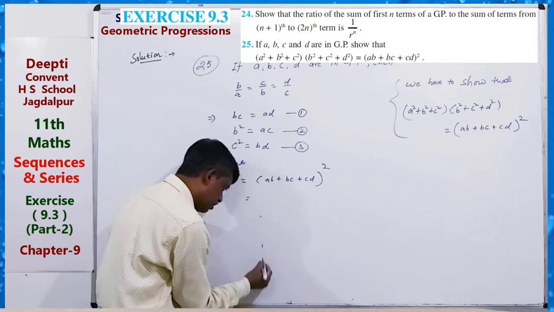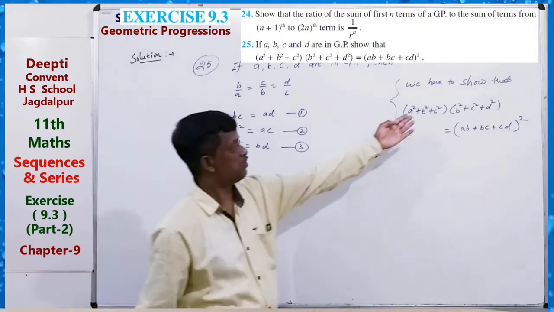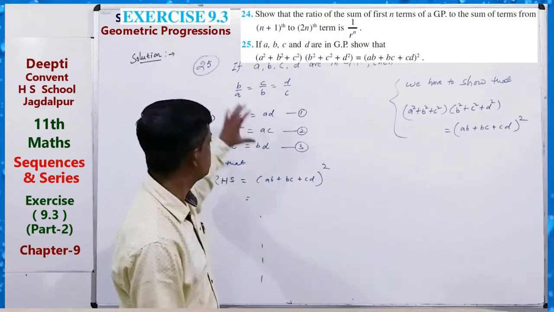And we can get this type of combination by factorization.